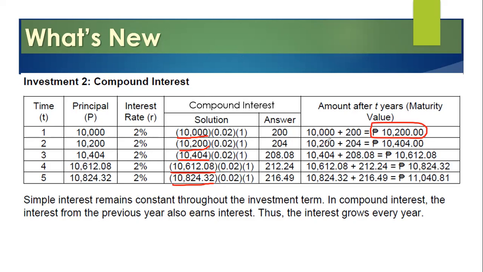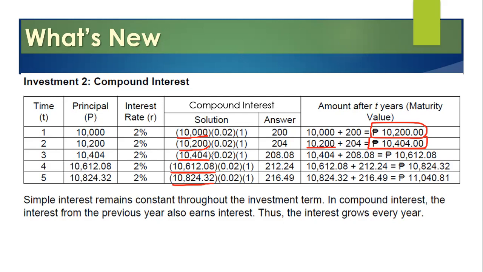So yung 204 na yon is i-add pa natin sa 10,200. So after 2 years, ito na yung naging pera natin. 10,404. Okay? So yung 10,404 na yun ulit yung gagamitin natin sa next year.